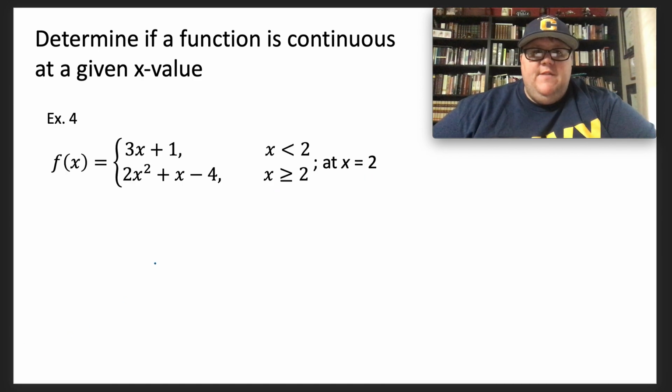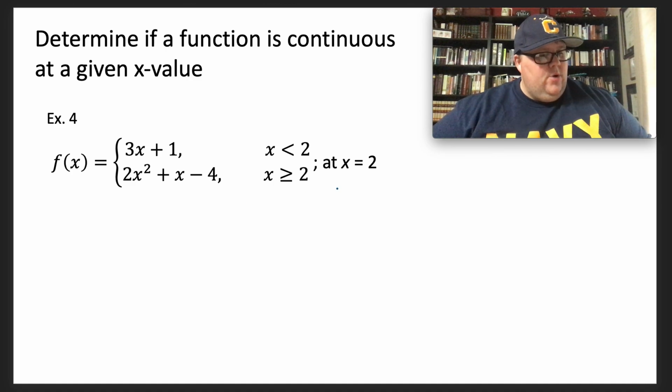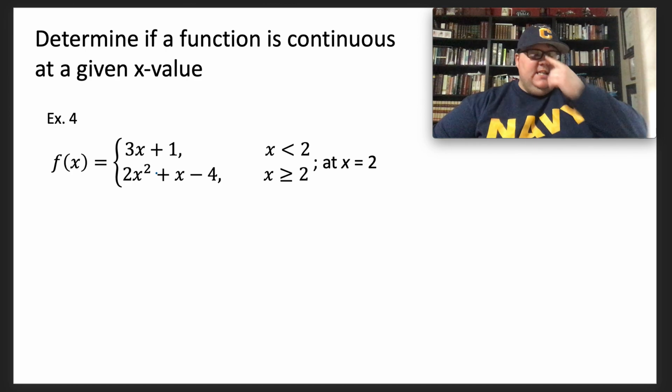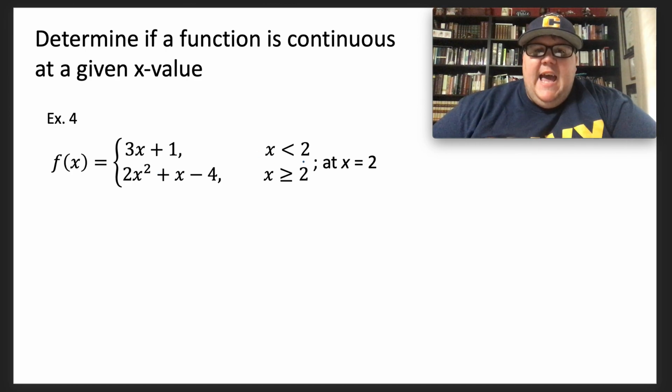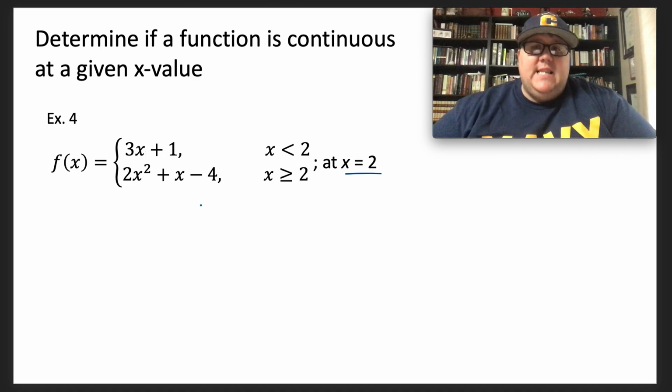And then we also have these piecewise functions. In order to determine if this is continuous or not at x equals 2, I'm just going to plug in the value in both of these. If the value is the same, we say it's continuous. If the value is not, we say it's a jump discontinuity.